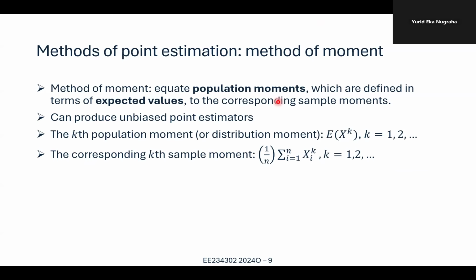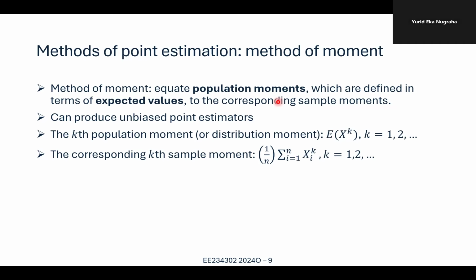Now there are several methods of performing a point estimation. I think there are three, but we are going to talk only about two methods. The first one is called the method of moments, where we try to equate the population moments, which are defined in terms of expected values, to the corresponding sample moments.